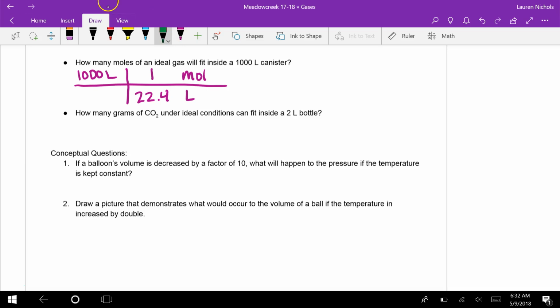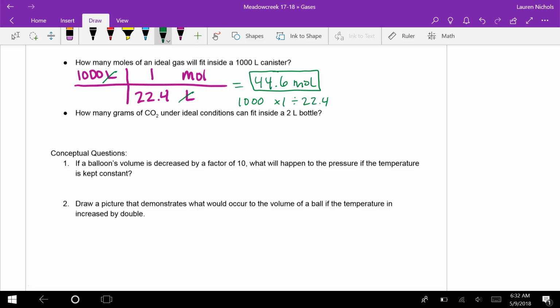So what we can see is that our liters are going to cancel out with liters, and in our calculator we would put 1,000 times 1 divided by 22.4, and what that will give us is 44.6 moles. So 44.6 moles of an ideal gas will fit inside a 1,000 liter canister.